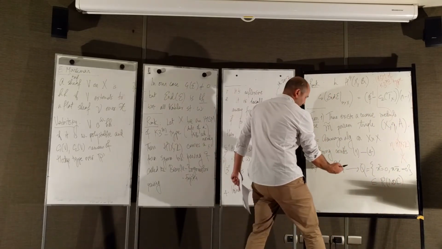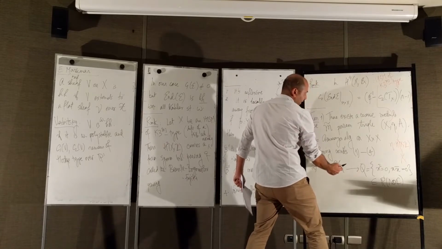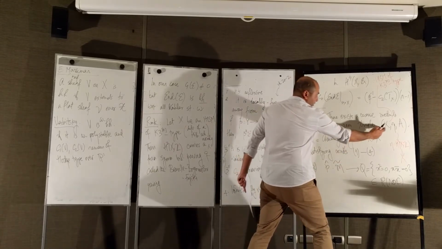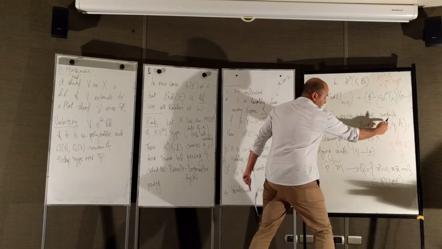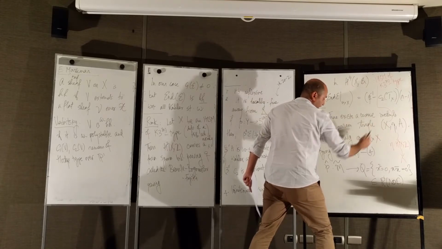So this map is simply the map which sends a triple to the Hodge structure on X.